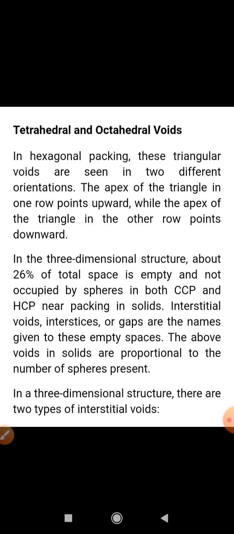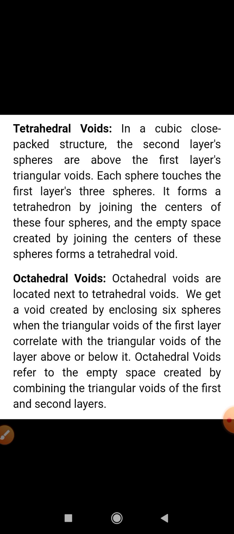In three-dimensional structure, there are two types of interstitial voids. The first one is the tetrahedral void. In CCP type of arrangement of particles in a solid, the second layer spheres are above the first layer triangular voids. Each sphere touches 3 spheres of the first layer. It forms a tetrahedron by joining the centers of 4 spheres.